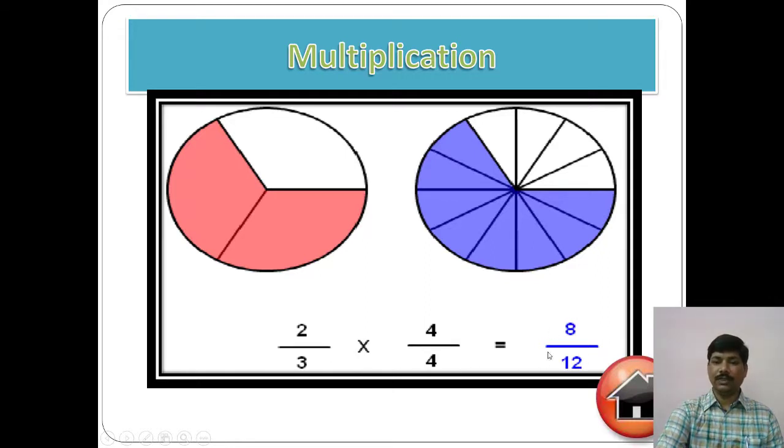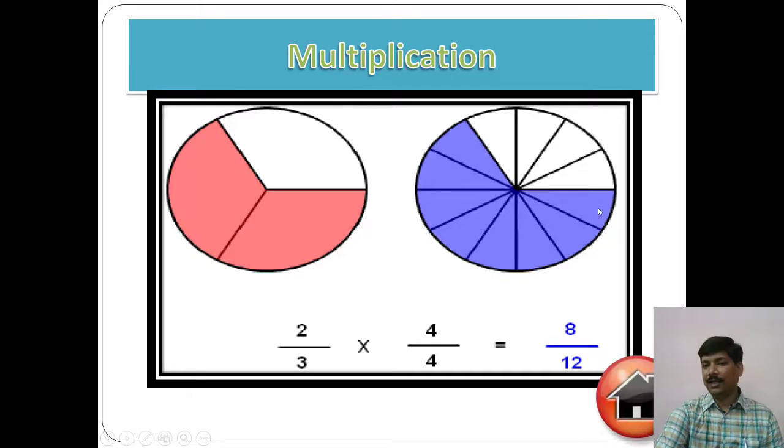So in the new fraction, the numerator will be 8 and the denominator will be 12. If we represent it by the picture, then there will be 12 parts, the same thing divided into 12 parts, and out of these 12 parts we will color 8 parts.